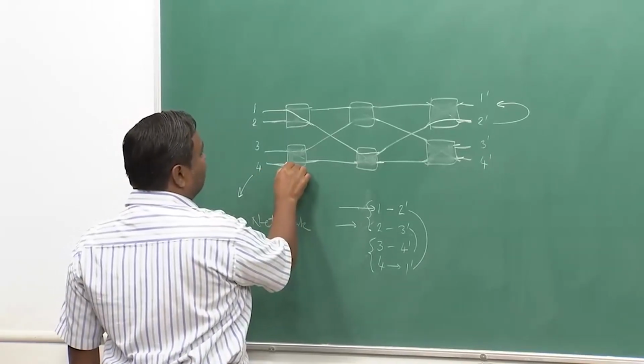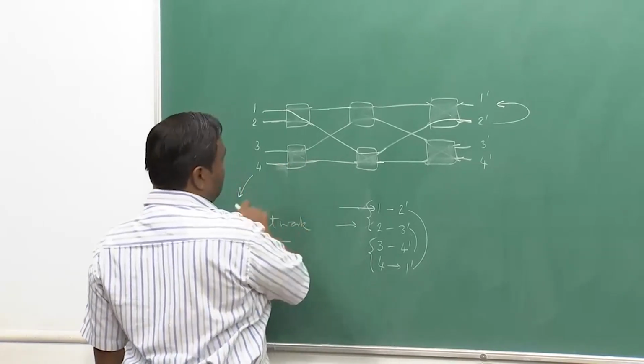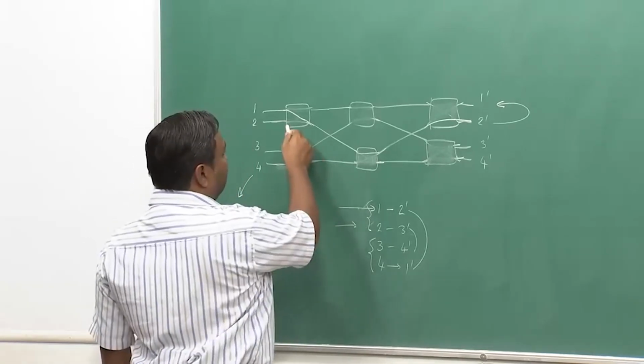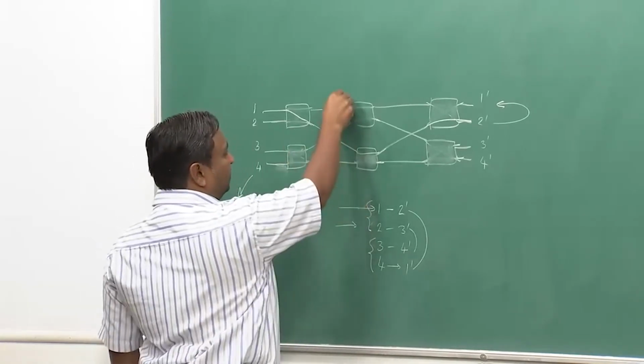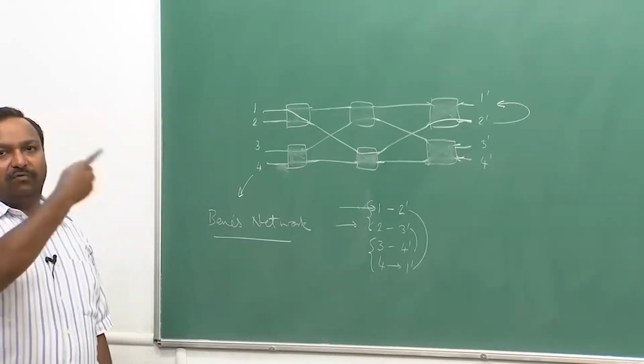So, when I do it, when I am going forward I should either use bottom switch or the upper switch, but while coming in the reverse direction I should use the other one, okay.